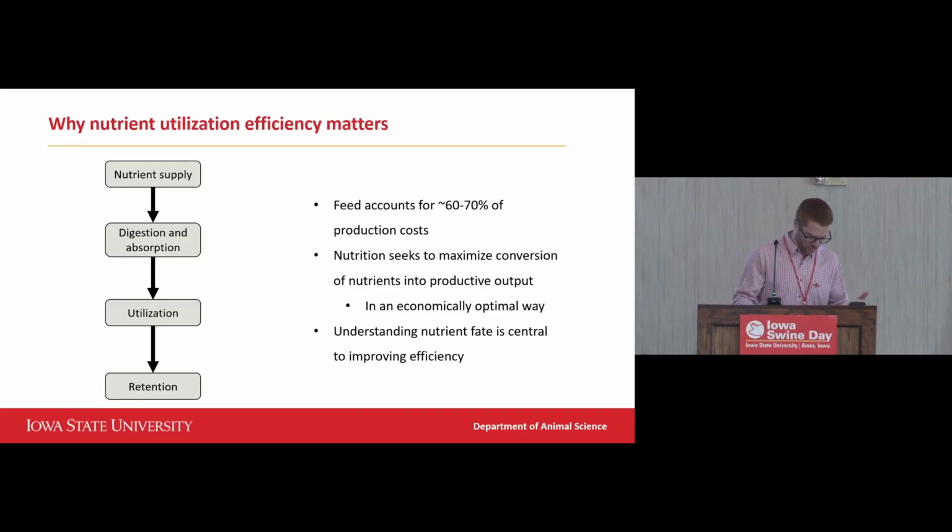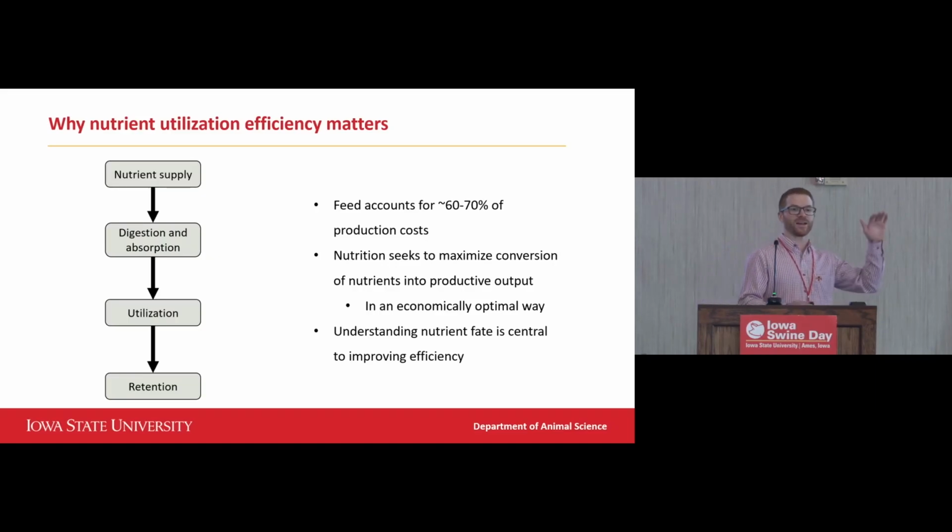And so from a nutrition perspective, our real goal is to maximize the amount of nutrients from feed that the animal is consuming that ultimately ends up in productive output. So lean tissue deposition, some lipid deposition, et cetera, ultimately the end product to the consumer. All while obviously being economically optimal in doing that. So throwing that out there as something that's always in the back of our mind.